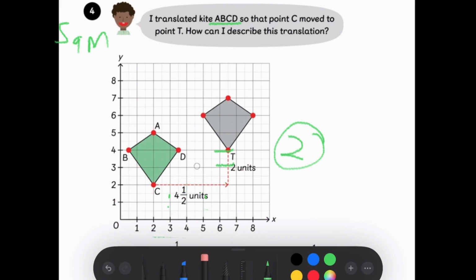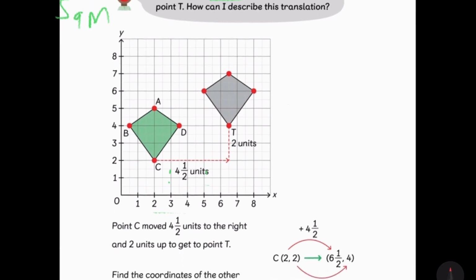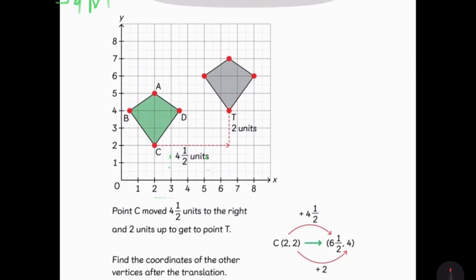I have my C transformed to T. So it has become, you see between 6 and 7, 6.5, which is right here, and my y-axis is 4, which is right here. So we could get it properly. So it's a plus 4.5 and 2 plus, the jump. Do not forget the jump to be noted very well.